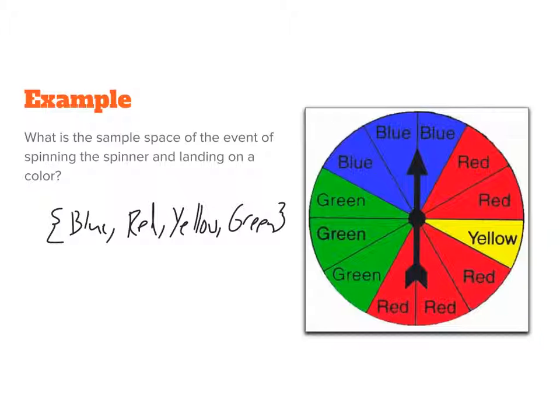You can either spin blue, red, yellow, or green. So that's all that we list in the sample space. Again, we never list outcomes more than once in a sample space. If it's in there once, it accounts for all of the outcomes that are the same as that one. So this one blue accounts for all 3 blue spaces. This red accounts for all 5 of the red spaces, and so on and so forth.